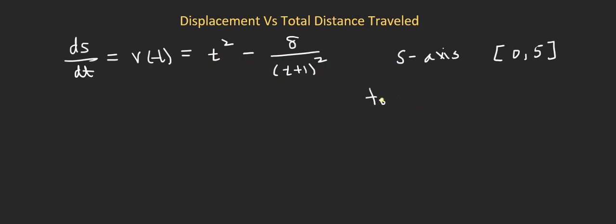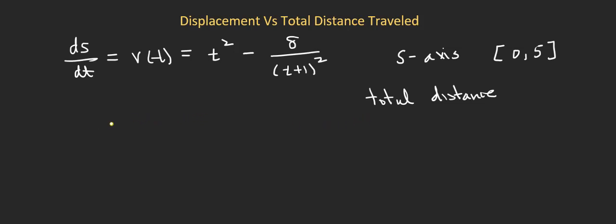Now, what if they ask you to find the total distance that the particle traveled from 0 to 5 seconds? Now remember, this particle moves to the left, and then it moves to the right. So not only do we have to count the distance you move to the right, we also have to count the distance that you move to the left.